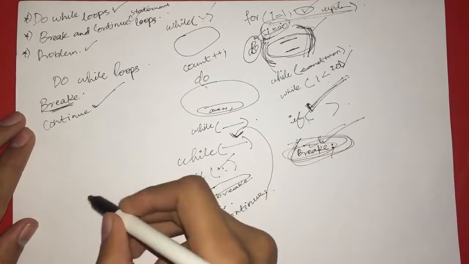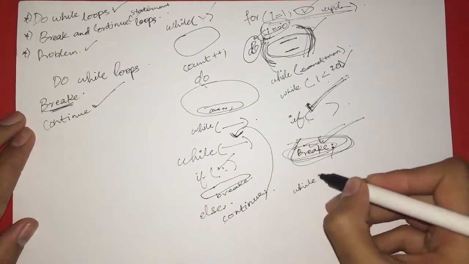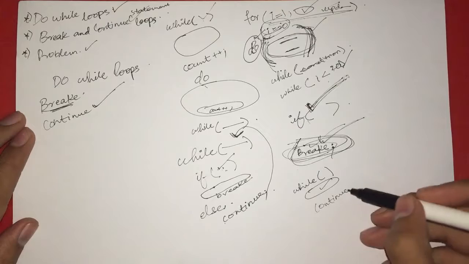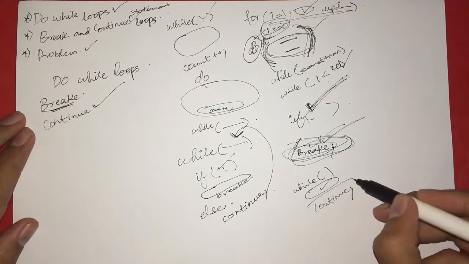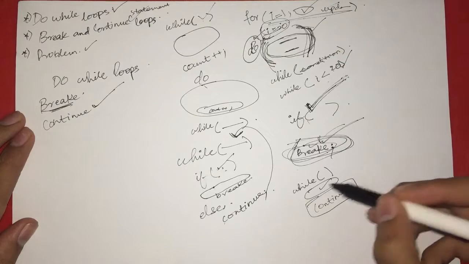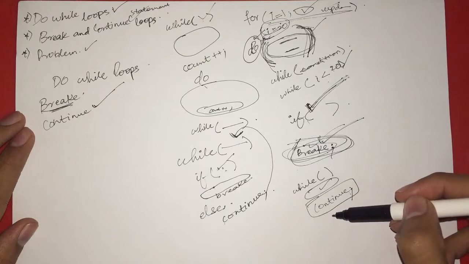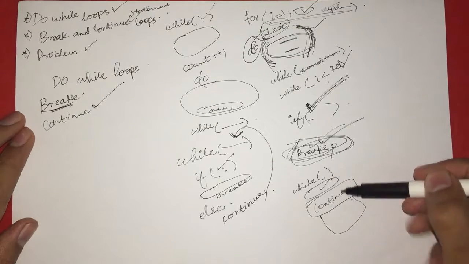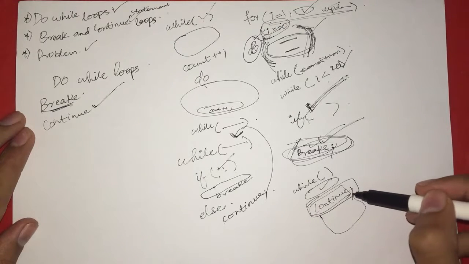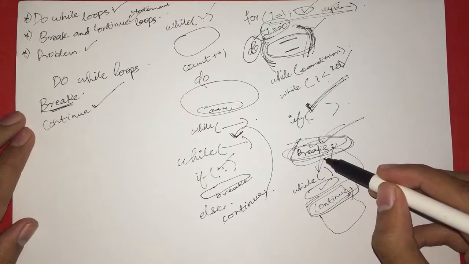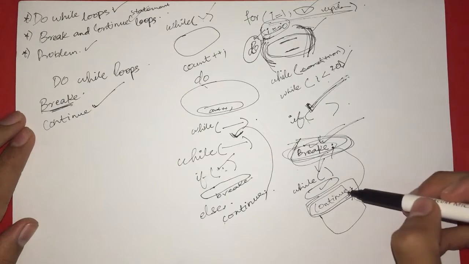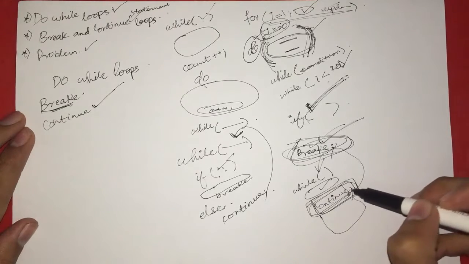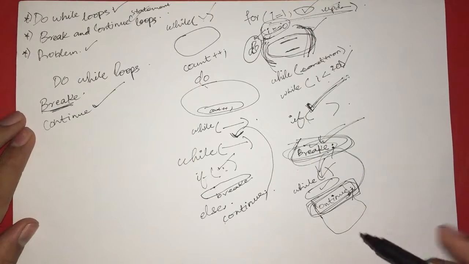So if there's a while loop and you use a continue statement after some body here, after the compiler reads this continue reserved word, it will skip all the statements in the body of the while loop which are after it, and immediately jump to the condition again to repeat an iteration.